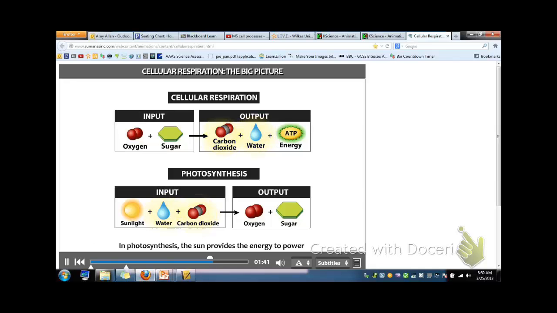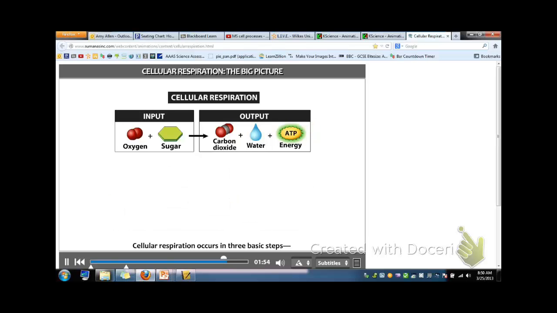In photosynthesis, the sun provides the energy to power the reactions, while in cellular respiration, the released energy is stored in the bonds of ATP. Cellular respiration occurs in 3 basic steps: glycolysis, the Krebs cycle, and the electron transport chain. During these processes, food molecules such as glucose are gradually broken down, and their energy is used to produce ATP.